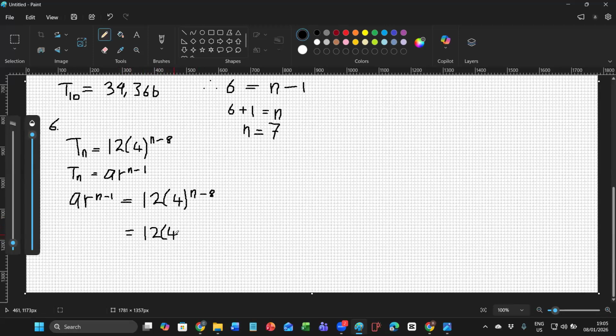Then let me see if there's another way. Okay, no, let me just continue that way. That will be n minus 1. Let's interpret what that minus is.